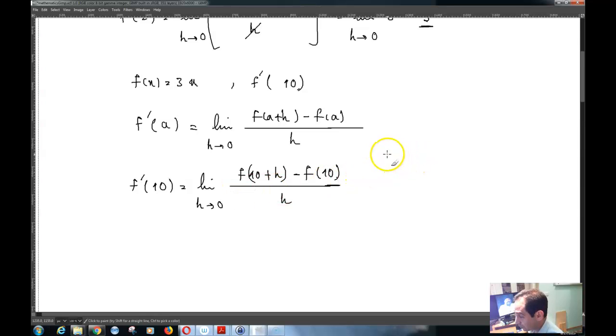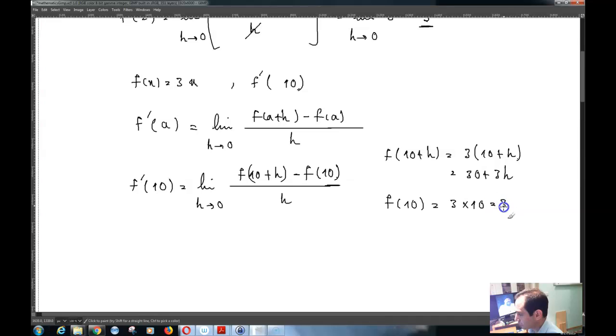Now again, f of 10 plus h is equal to, your function is 3x, so 3 times 10 plus h, which is equal to 30 plus 3h, and f of 10 is equal to 3 times 10, which is equal to 30. So this is equal to the limit of f of 10 plus h, which is 30 plus 3h, minus f of 10, which is 30, over h as h tends to 0.